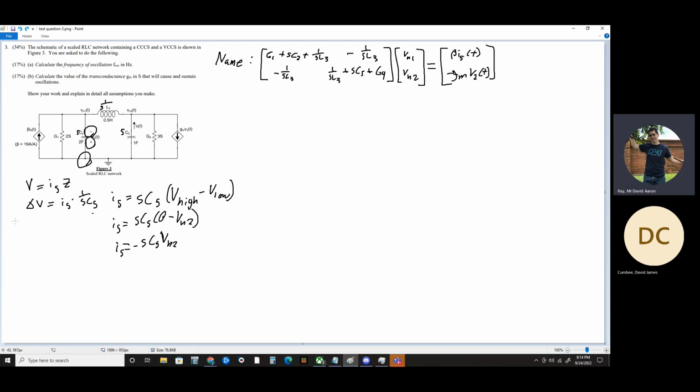You want the change in voltage across capacitor 2, and the change in voltage is going to be the difference between these 2 points.